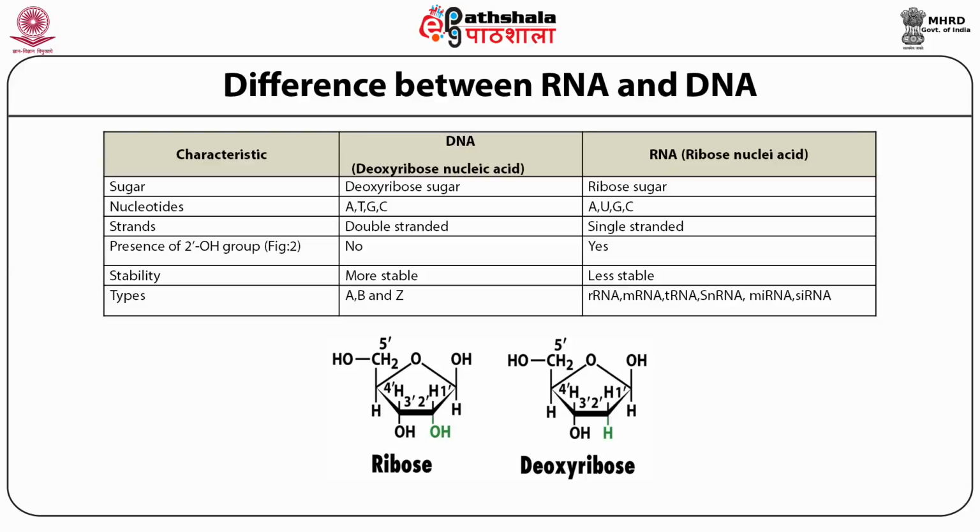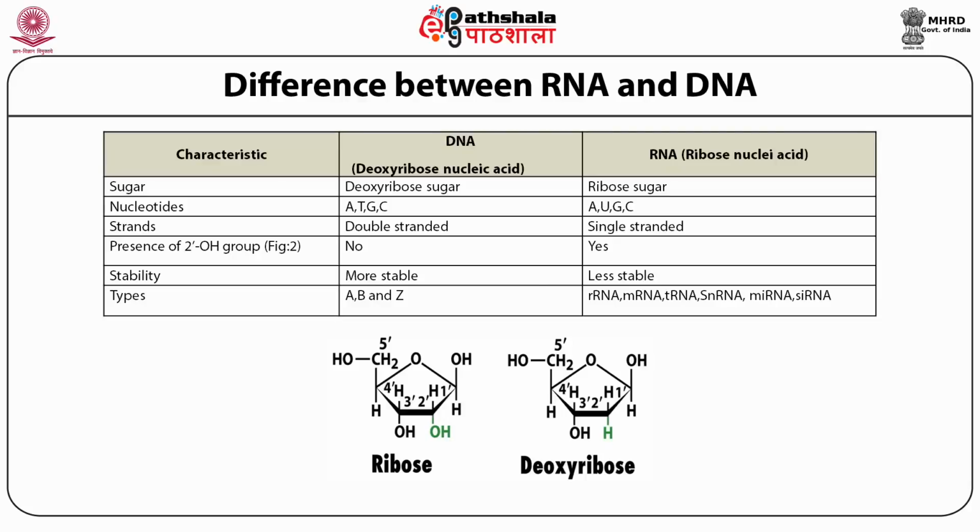The 2' hydroxyl group is absent in DNA and present in RNA. Stability: DNA is more stable, RNA is less stable. Types: A, B and Z for DNA; rRNA, mRNA, tRNA, snRNA, miRNA, siRNA for RNA.